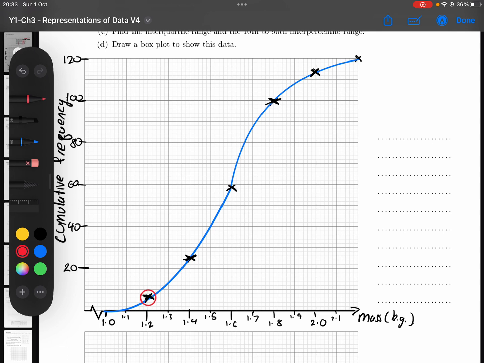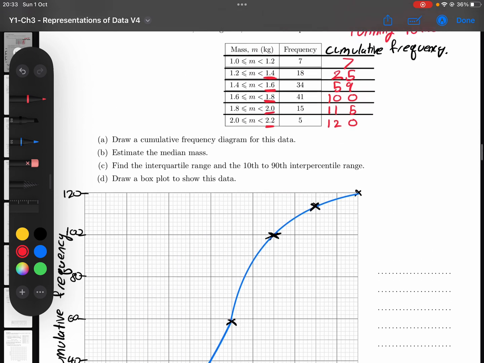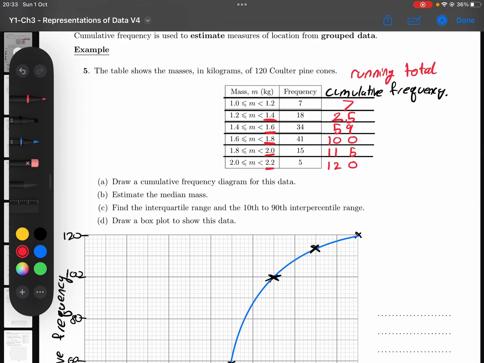It's 1.2 and a cumulative frequency of 7. Notice how we always plot the upper boundary for each class width. So I plotted 7 and 1.2.